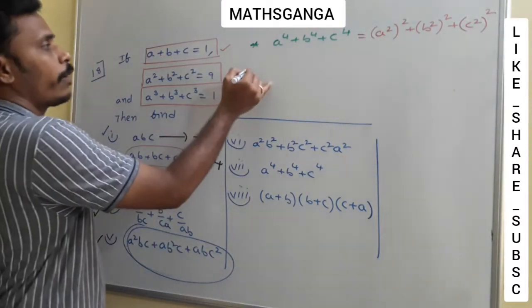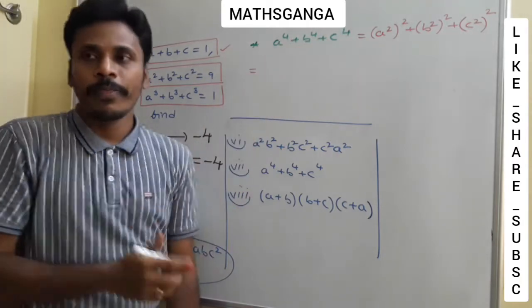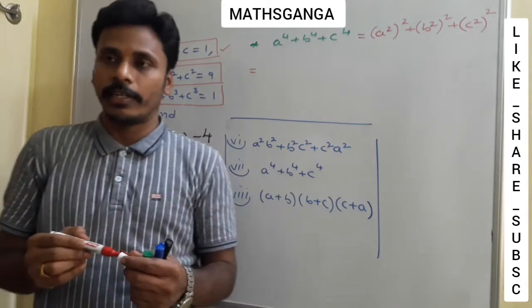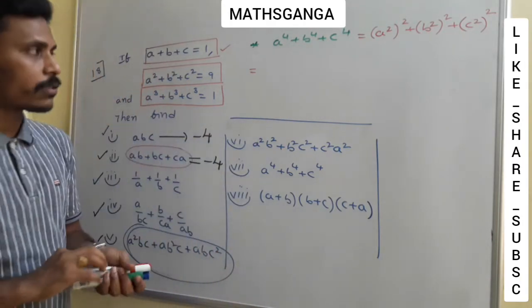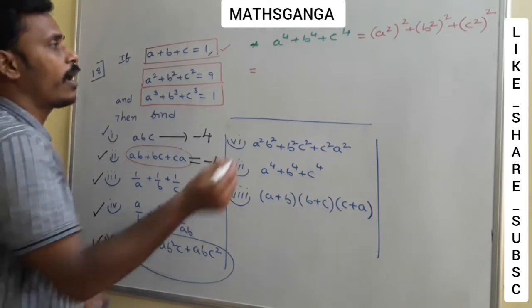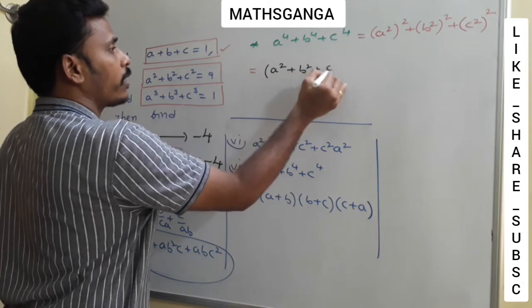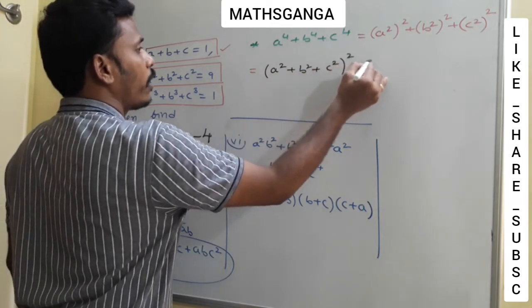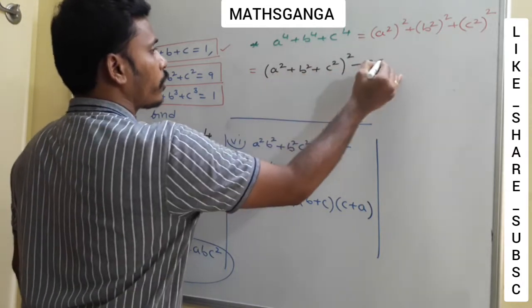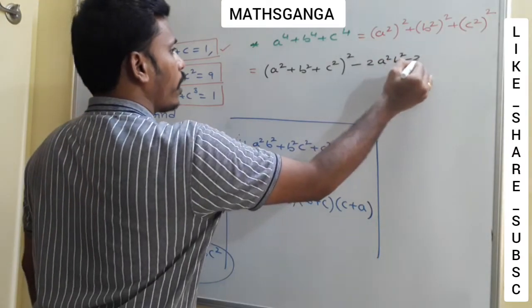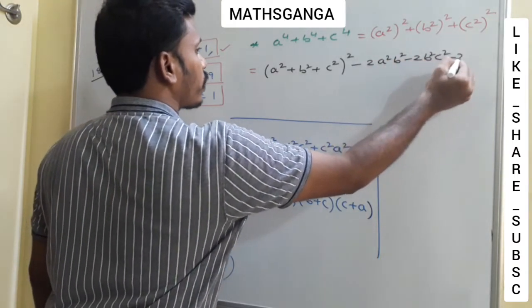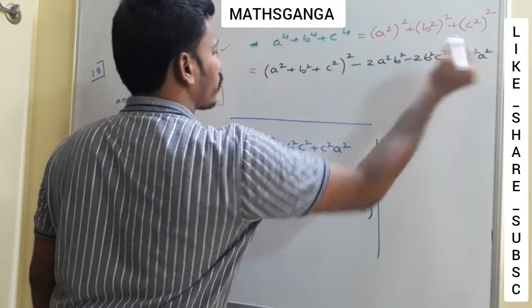Again, if you look there, they are of the form x square plus y square plus z square. Since they are of that format, I can again write it like this: a square plus b square plus c square whole square minus 2 times the product of first two, a square b square, minus 2 times b square c square, minus 2 times c square a square.